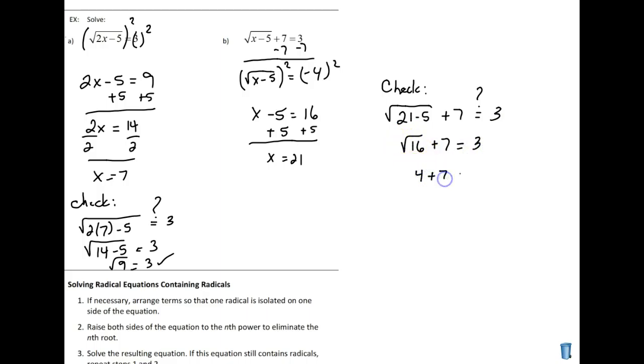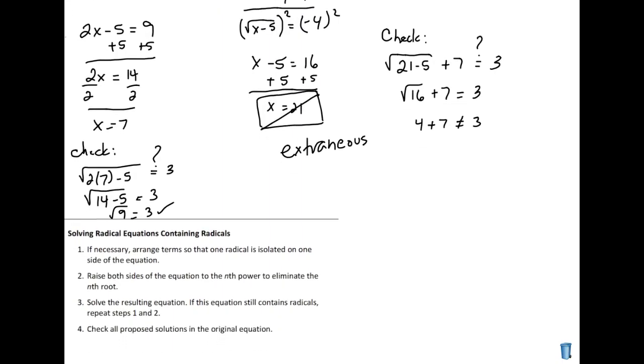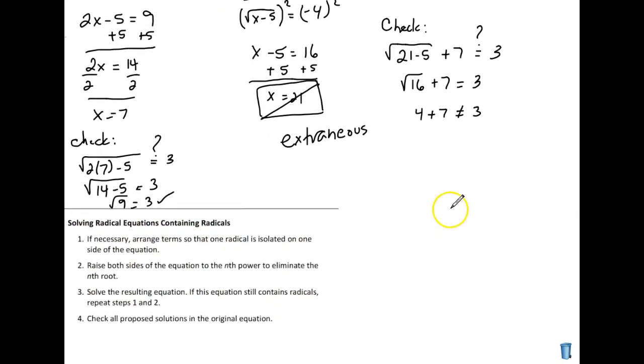That's 4. 4 plus 7 does not equal 3. Oops. So this is what we call extraneous. If you check a solution and it doesn't work, it's called extraneous. Remember, we learned that back when we were dealing with our rational equations.